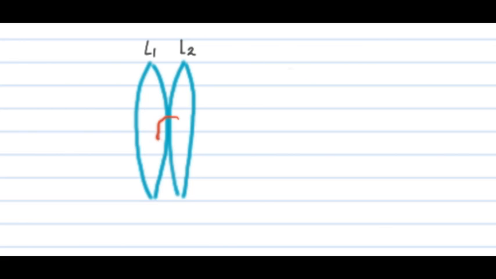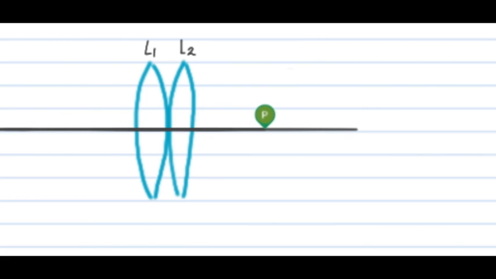This is their point of contact. Apart from that, they are placed along the same line. Suppose this is your principal axis, then they are placed along the same axis. In that case, we will say the two lenses are placed in contact and coaxially with each other.